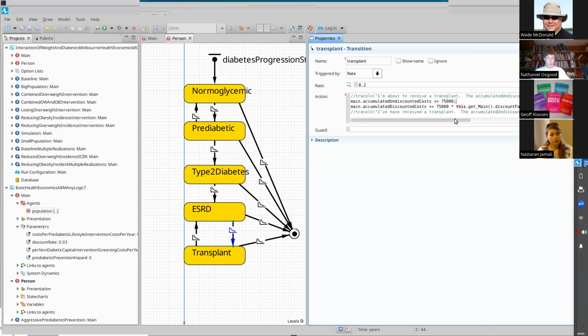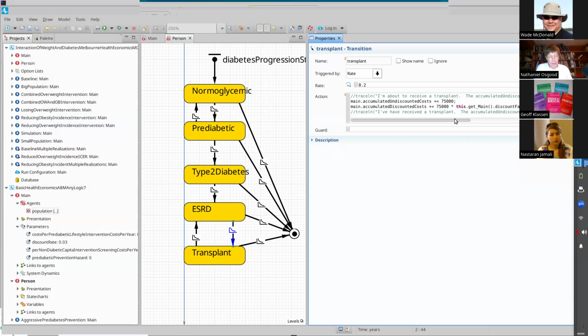And as we'll soon see, we keep track of undiscounted costs without any discounting to reflect opportunity costs for money. This is a common need within health economics models to record things both on a discounted and undiscounted basis.